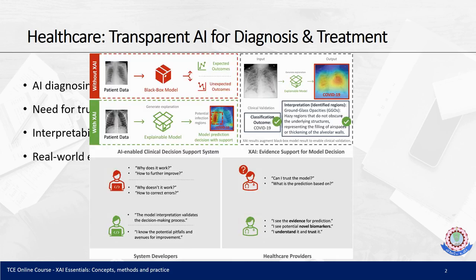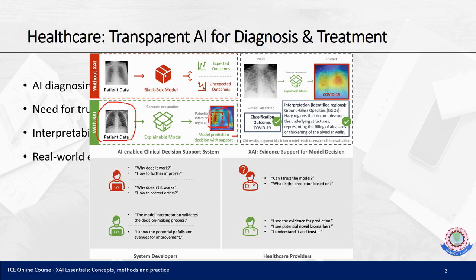This is one of the examples. Here you can see the patient record and the patient's lung images fed into our model. Our model says that the patient is affected by COVID-19, and you can see this box, right?